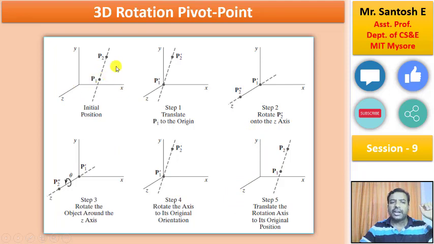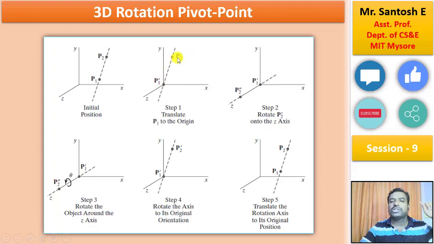Right now, just observe, this is the initial position of the points. If I want to apply rotation here, P1 is going to be the pivot point and P2 is the point used for rotation. I am going to shift P1 such that it is at the origin, and while doing this, I translate P2 also.